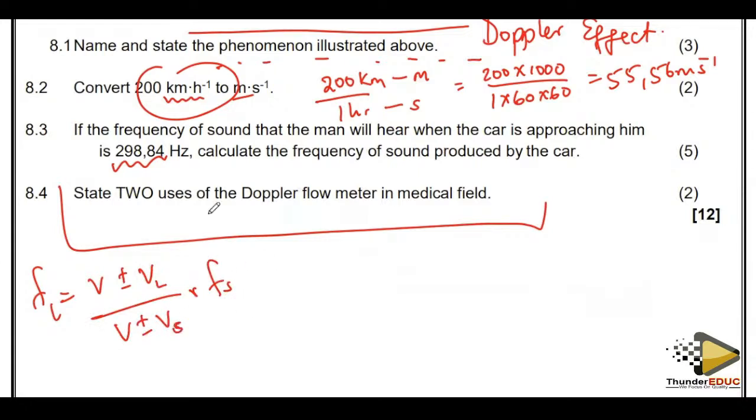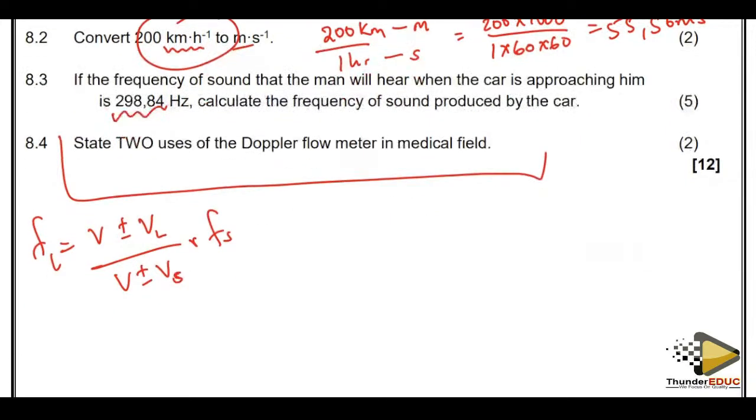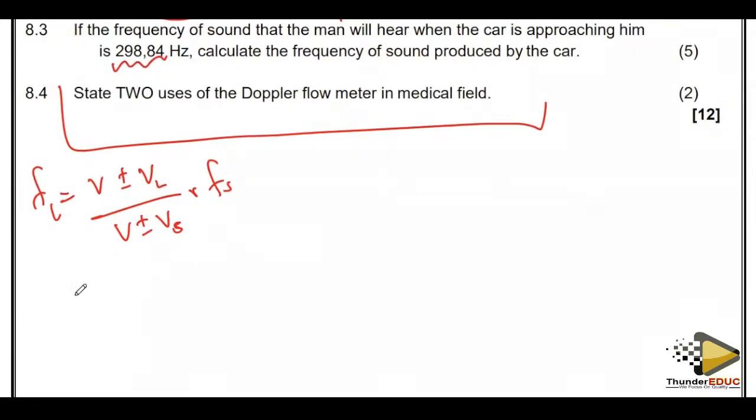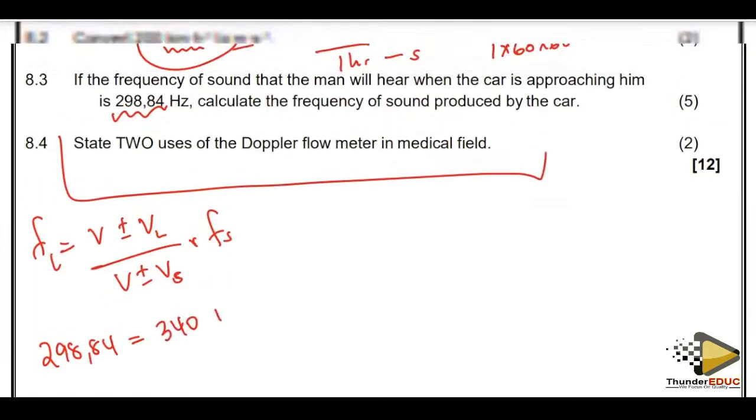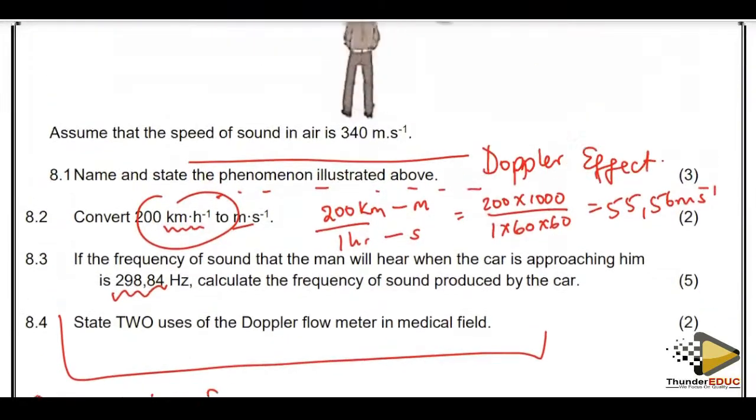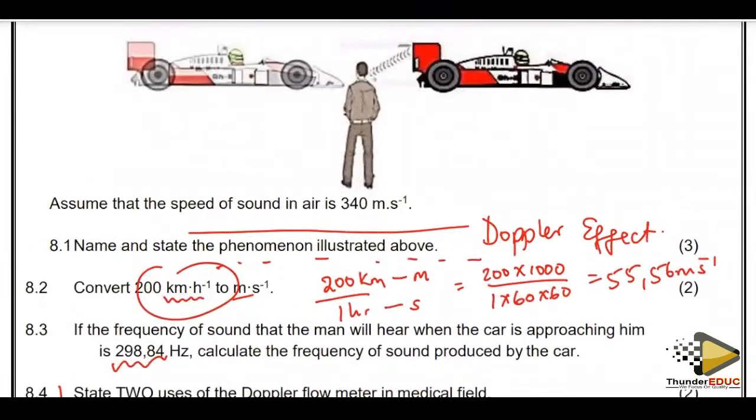We need the vS. If I do my substitution, that is 298.84. This v, they tell us it's 340.